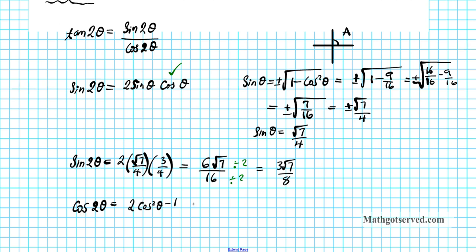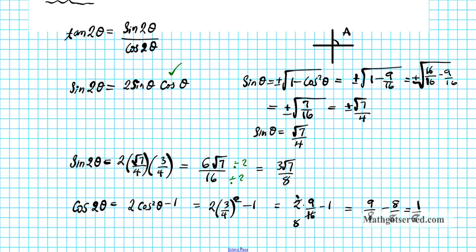That gives me 2 times (3/4) squared minus 1. So we have 2 times 9/16 minus 1. Simplify this: 2 goes into 16 eight times. So we have 9/8 minus 8/8, which equals positive 1/8.